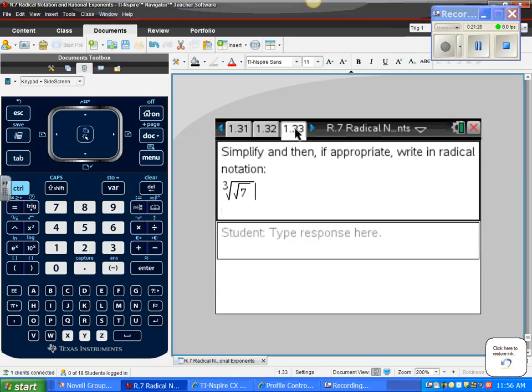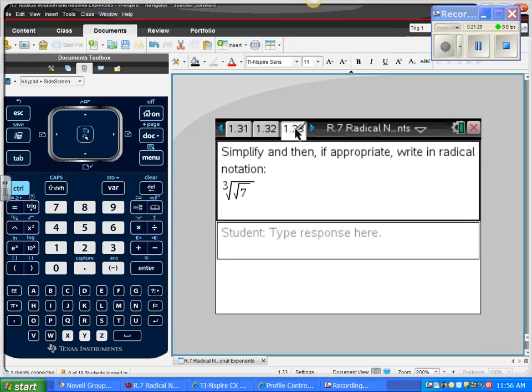All right, simplify, and then, if appropriate, write in radical notation. Okay, so what we have here is the square root of 7, the cube root of the square root of 7. So I can rewrite this. I know that the square root of 7 is the same thing as 7 to the 1/2. Now, you have to make sure that this is drilled into your brain. That's very important. Now, you also know that the cube root is the same thing as the 1/3 power, right?